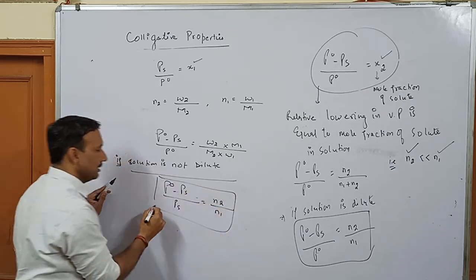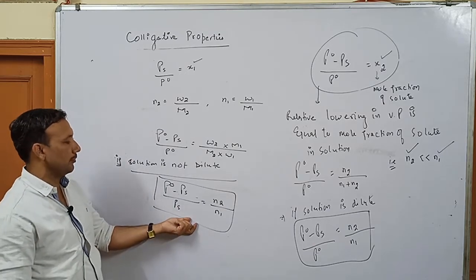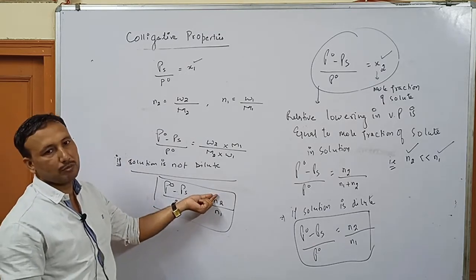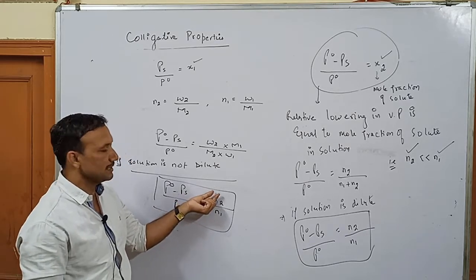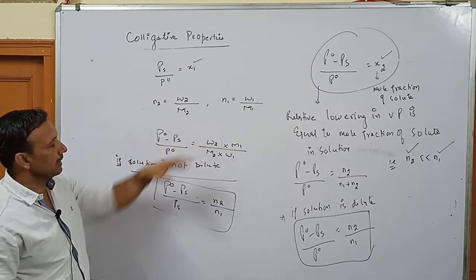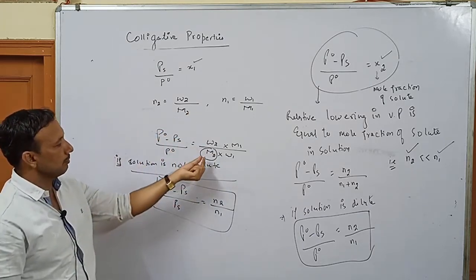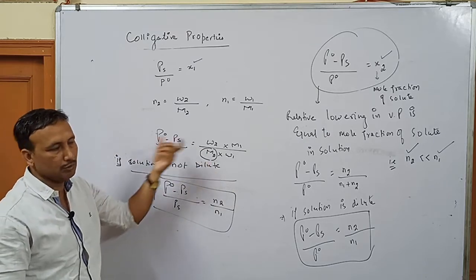So this equation can be used for calculation of N2, that is the number of moles of solute present in a known amount of solvent. And by this formula, we can calculate the M2. And what is M2? Molecular mass of solute.